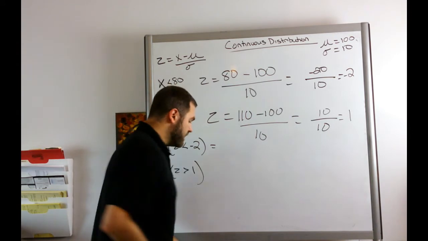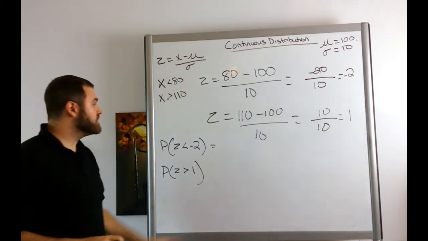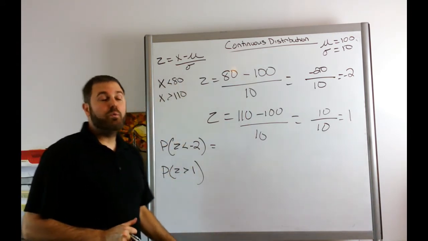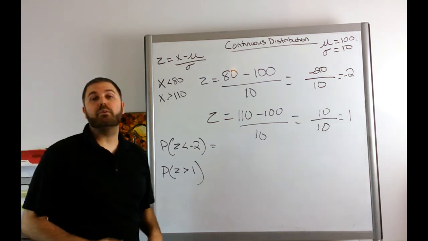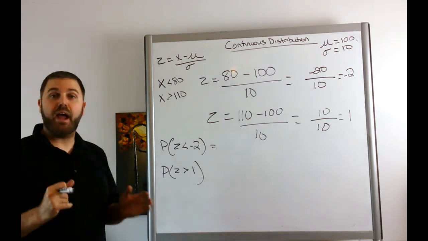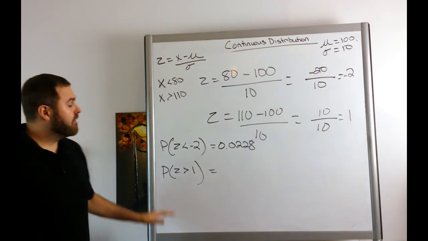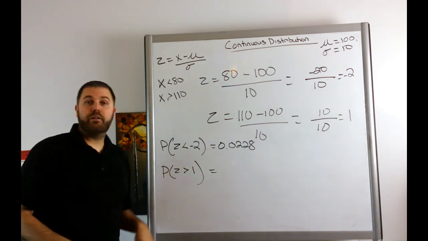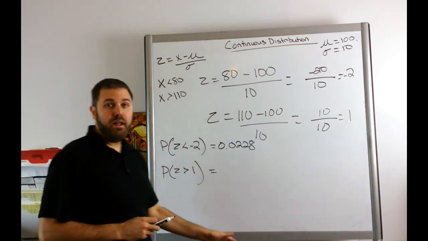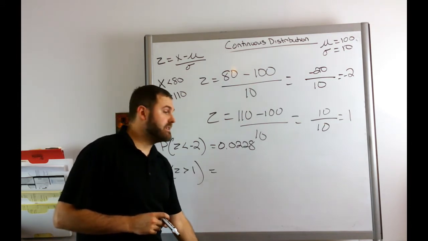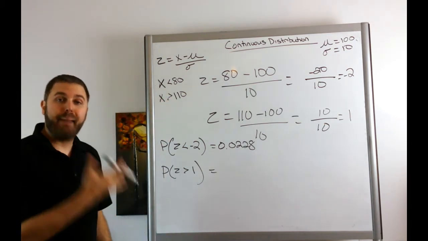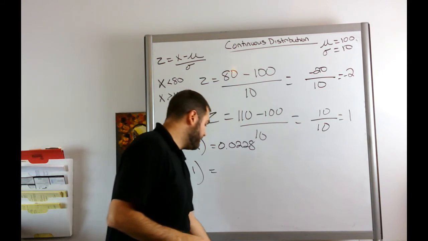So we look up negative 2 on our z-table, which is 0.0228. And now for our probability that z is greater than 1, we're going to look up 1 on the positive side of our z-table, and then take 1 minus what we find.